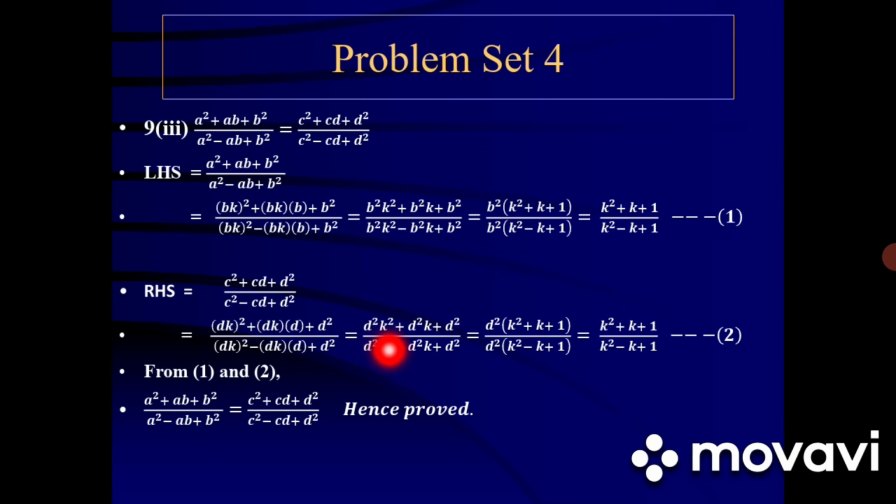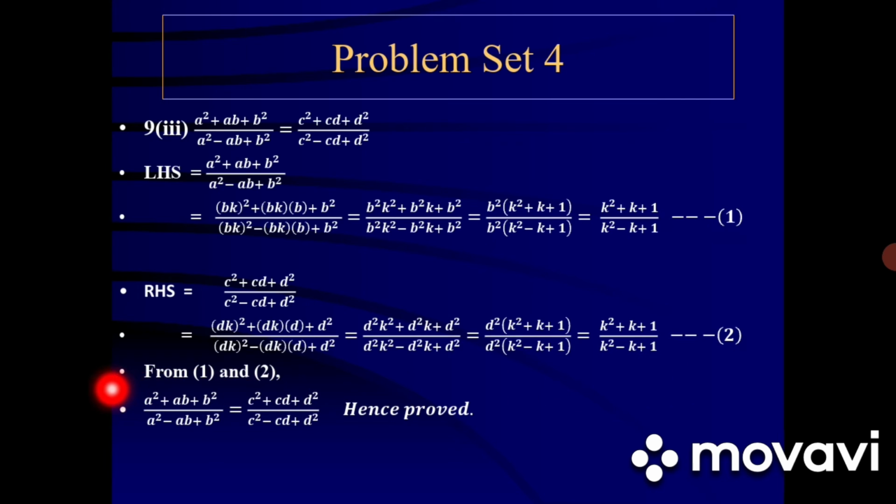This is equal to D square K square plus D square K plus D square upon D square K square minus D square K plus D square. Taking the common factor D square, we get D square into K square plus K plus 1 upon D square into K square minus K plus 1. Eliminating D square, we get K square plus K plus 1 upon K square minus K plus 1, which is 2.